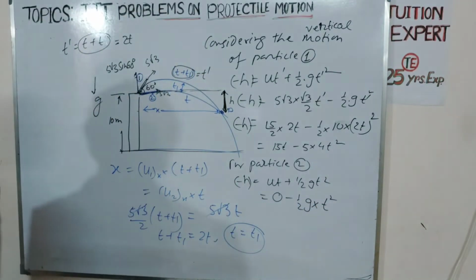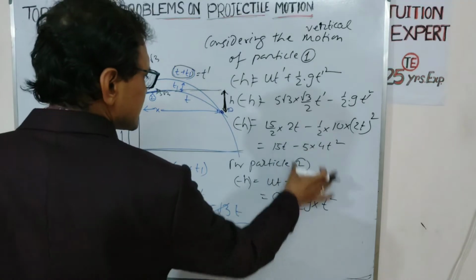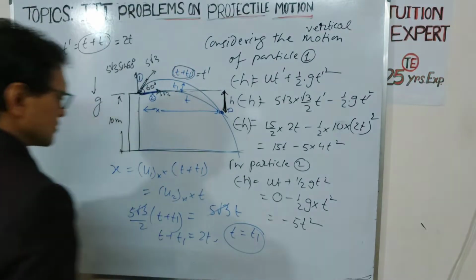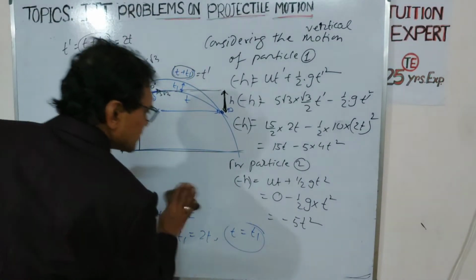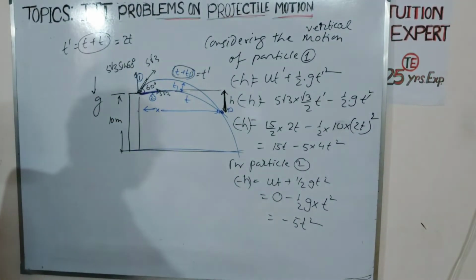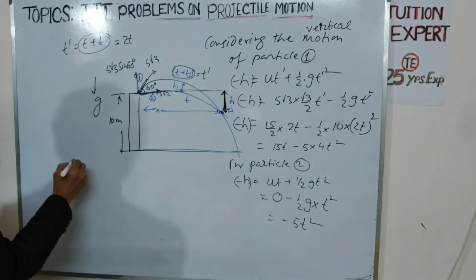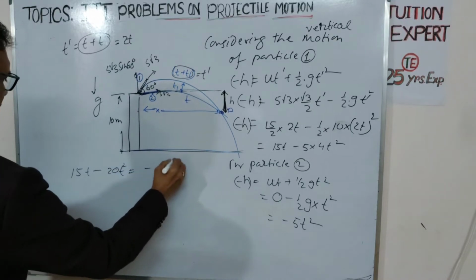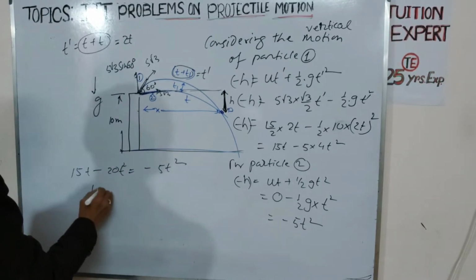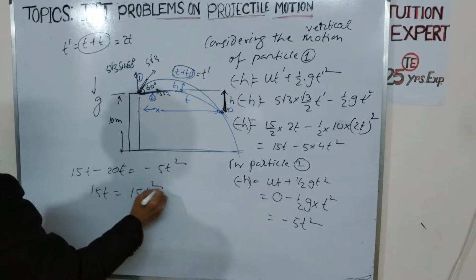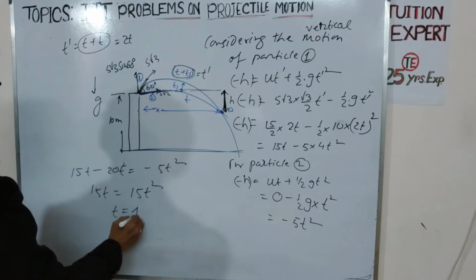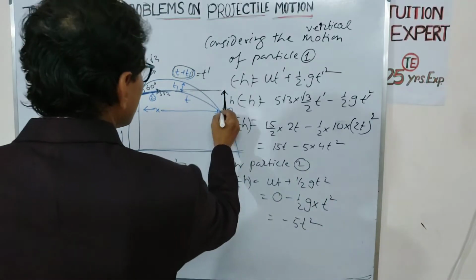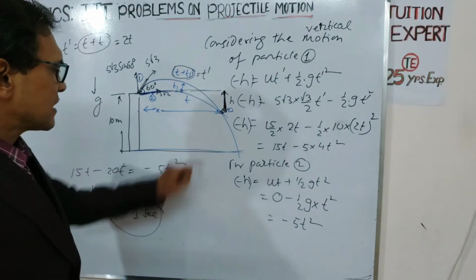Here the time taken is t, so equating this and this, we get t equal to 1. So after 1 second the two particles meet here.